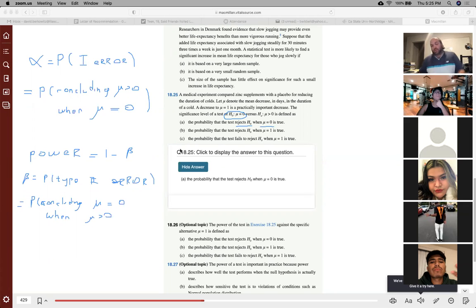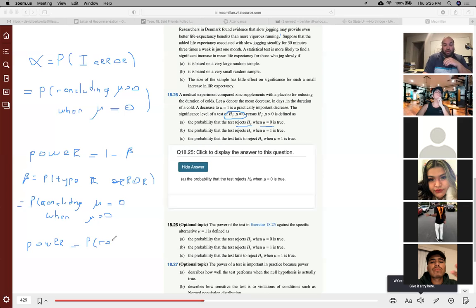So the probability of concluding that mu is equal to 0 when in reality mu is greater than 0. So if that's what beta is, then the power, being 1 minus beta, is the probability of not concluding mu is 0 when mu is greater than 0.